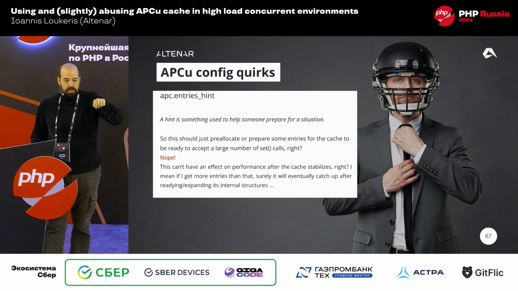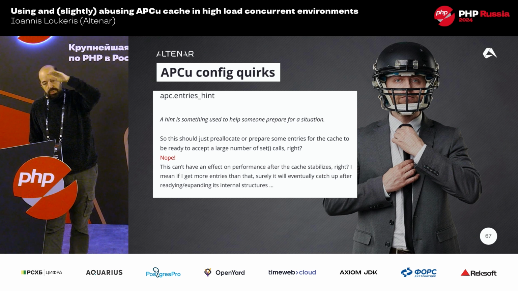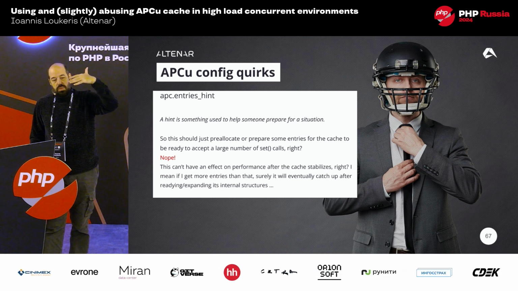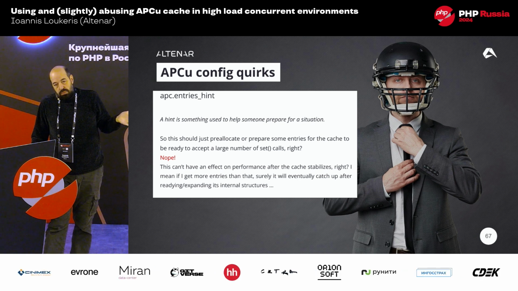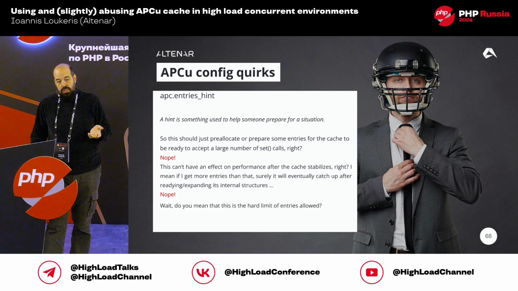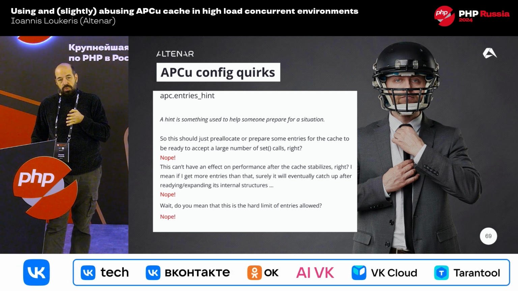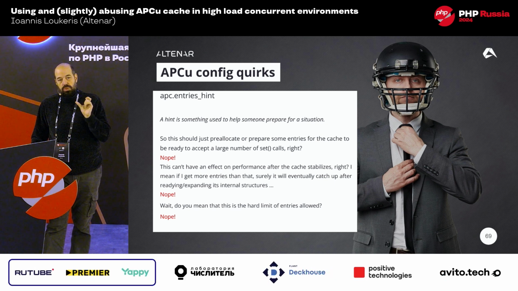You put a lot of things in it, entries are being created, new memory is being allocated. At some point, you will reach an equilibrium, and surely the cache will catch up at some point, right? Nope. Wait. Do you mean that this is the hard limit of entries allowed? No, because we saw more keys in the cache than the entries.